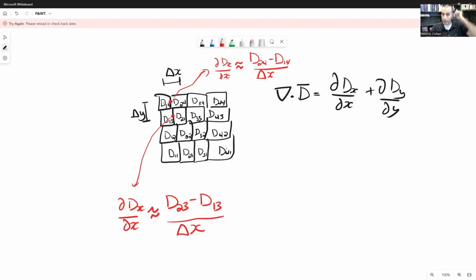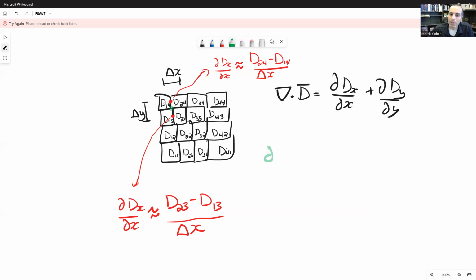All right. Now, what we really want to know is the partial derivative or the divergence here at this corner right here, where all four of those cells merge. And so these two red dots are offset in both directions. And so to take the two red dots and figure out what the value is at the green, we can just average the two. Right?